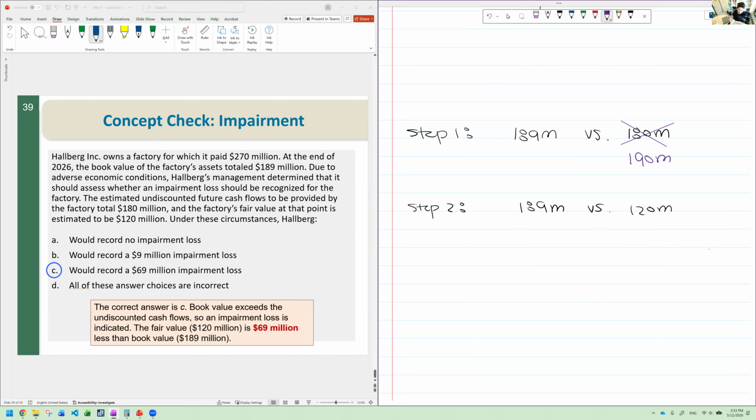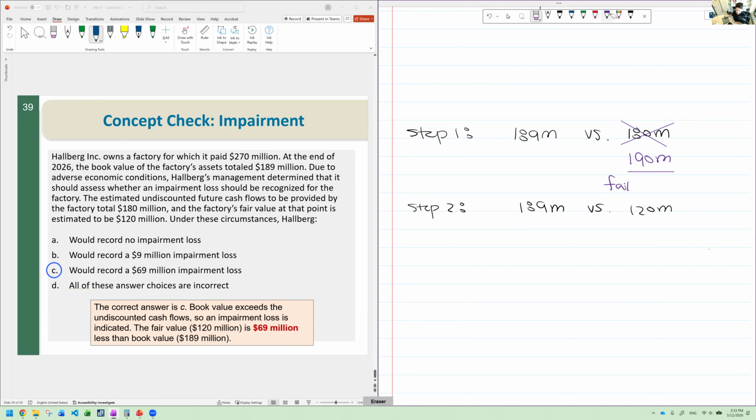Previously it was $180 million, which was lower than the book value, so we passed the step one test. What if now the undiscounted cash flow is $190 million, which is greater than the book value? That means we fail to pass the step one test, so we determine that this asset is not subject to impairment loss. In other words, no impairment loss here.